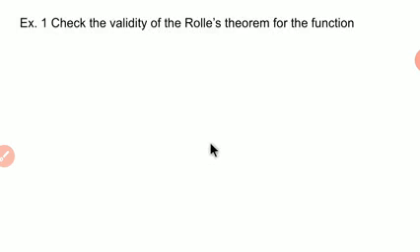Now we solve some examples on Rolle's theorem. So first example, check the validity of the Rolle's theorem for the function f of x is equal to x square minus 4x plus 3, x belongs to closed interval 1 to 3. Here we have to see whether Rolle's theorem is valid or invalid for the given function.